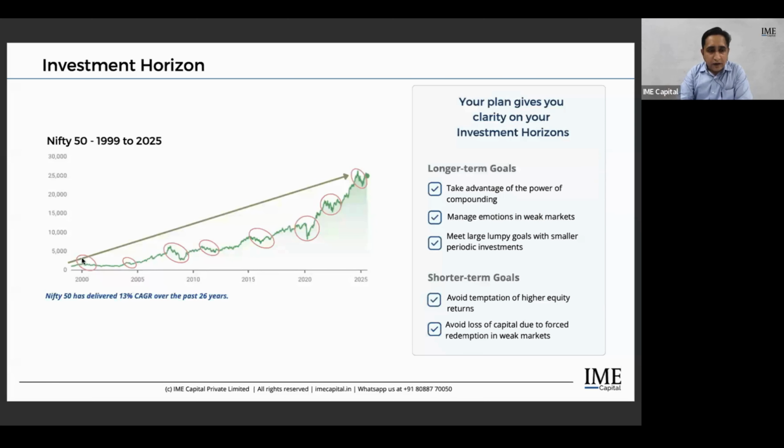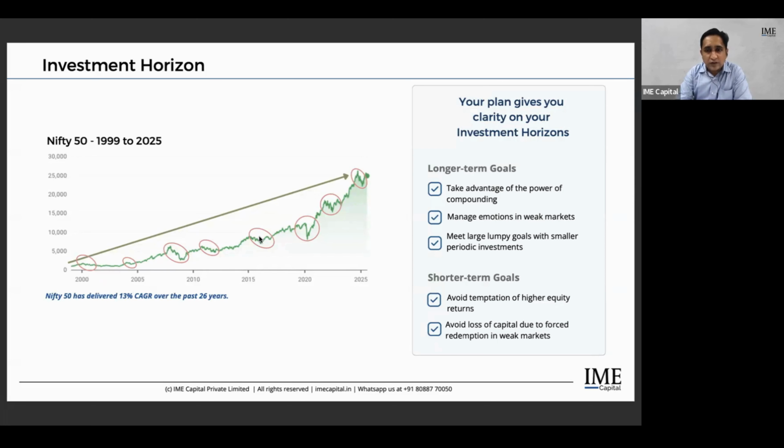If you're looking at the last 25, 26 years of returns of the Nifty, the moment you have longer term goals, you can really take advantage of the longer term compounding, as equity markets tend to move up over a period of time. The moment you also have clarity that this investment is being made for a goal which is 10, 15 years away, it helps manage emotions in weak markets. And it also helps you meet larger, lumpy goals with much smaller periodic investments.